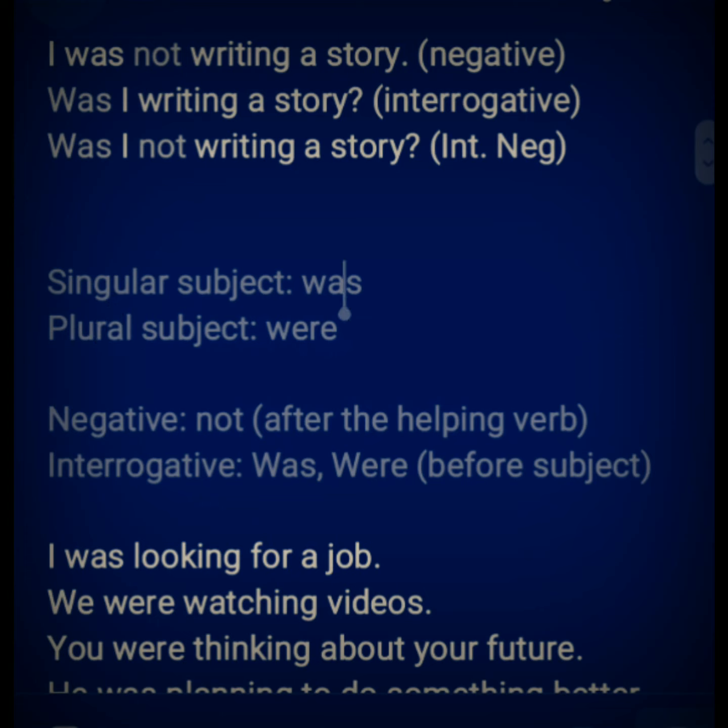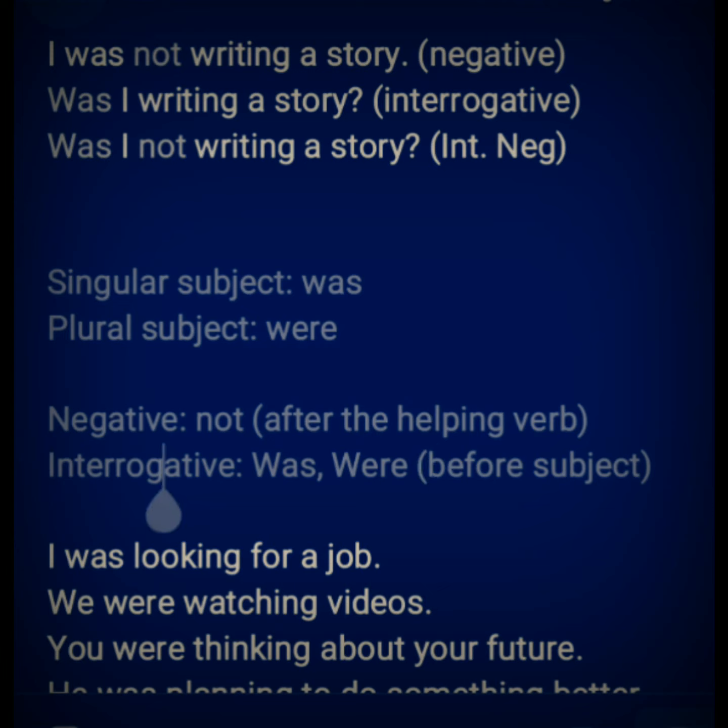Okay, so was is for a singular subject. When there is a singular subject in a sentence, we have to use was as the helping verb. If the subject of a sentence is plural, then we have to use were as the helping verb. For making a sentence negative, we have to use not after the helping verb.